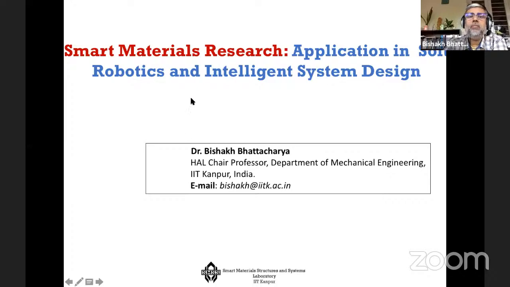Once again, I would like to say that this is a very good and very timely endeavor on the National Technology Day. I will talk about smart materials research, particularly at IIT Kanpur, with two different branches of application in mind.